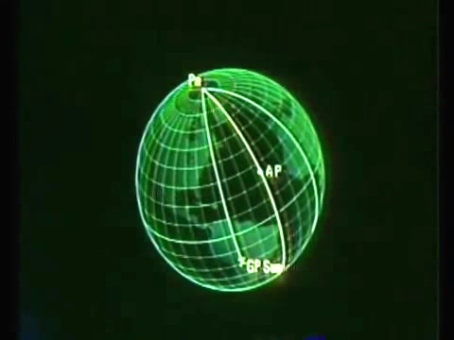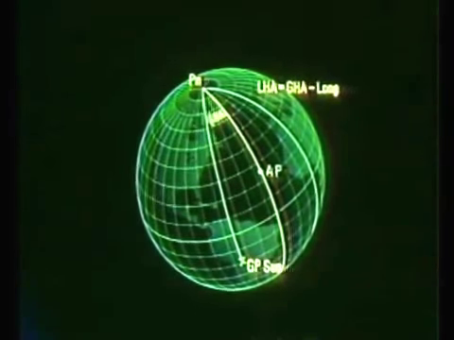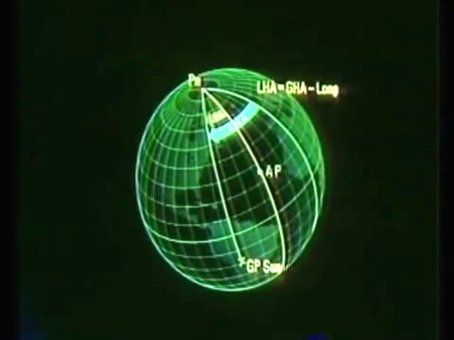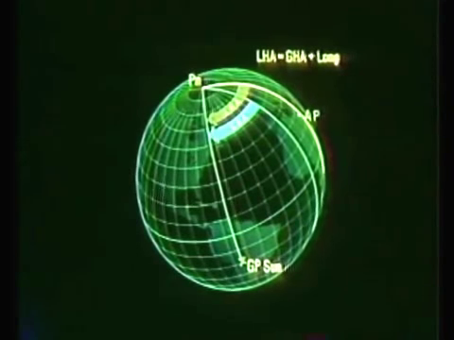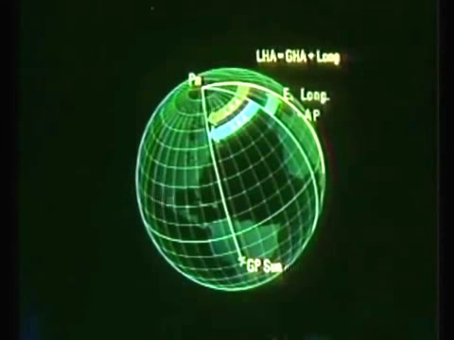Determining LHA is the tricky part of the problem solving. In a situation like this, where the AP is in west longitude and east of the GP of the celestial body, LHA equals GHA of the body minus the west longitude of the AP. If the AP is in east longitude, LHA equals GHA plus the east longitude.